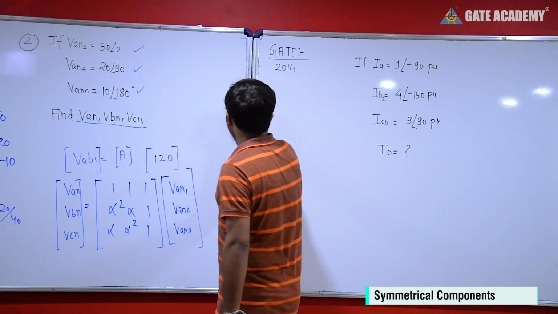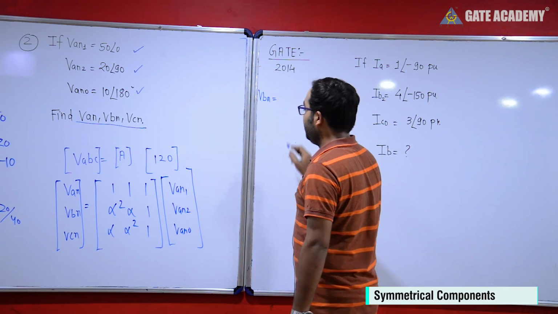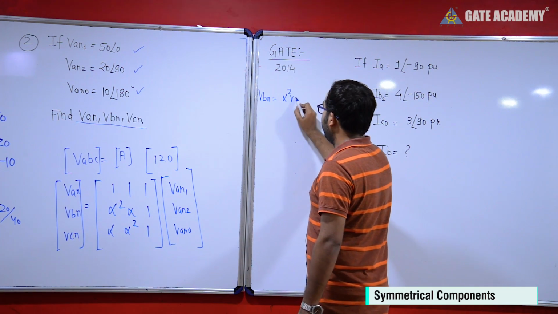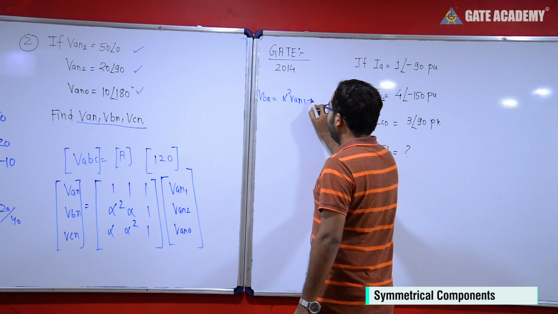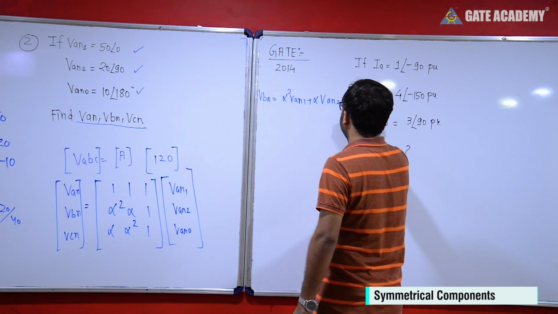The value of VBN will be equal to alpha square VA1 plus alpha times VAN2 plus VAN0.